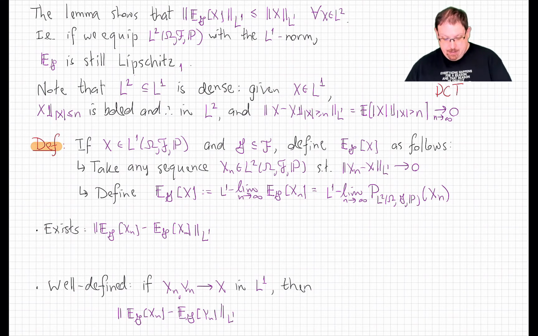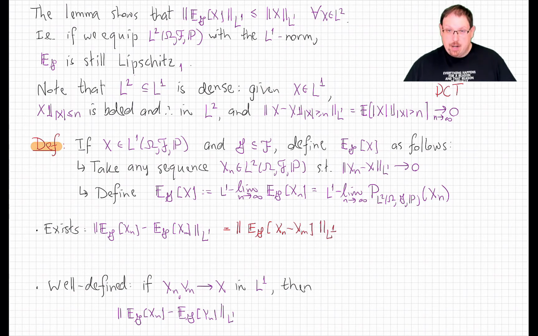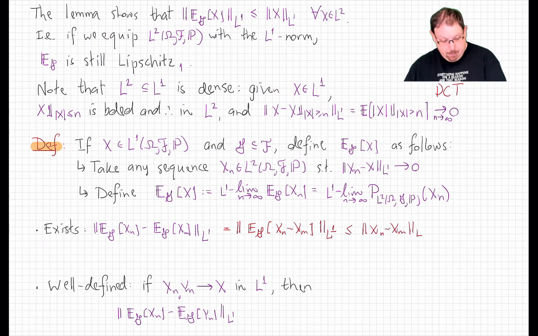If I take the conditional expectation of any two terms in that sequence and compare them in L1 norm, remember that xn and xm are L2 functions, so the conditional expectation is defined just to be the orthogonal projection, which is a linear transformation. So that's just the same thing as the L1 norm of the conditional expectation of xn minus xm. Now, in the lemma on the previous slide, we showed that that is less than or equal to the L1 norm of xn minus xm.